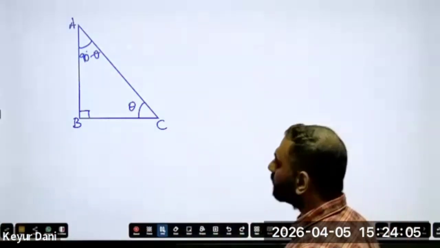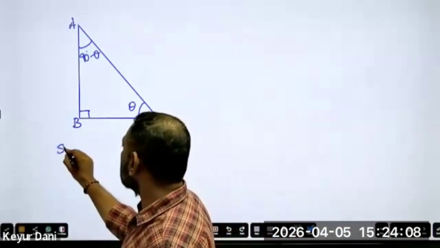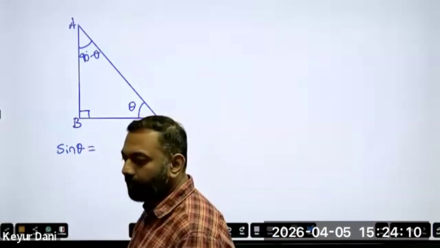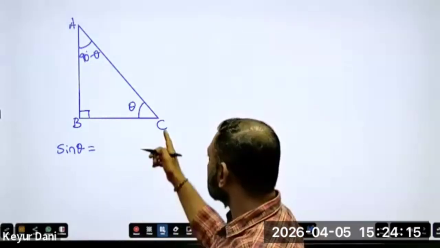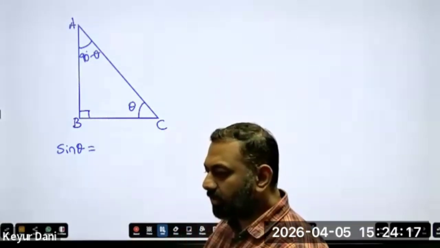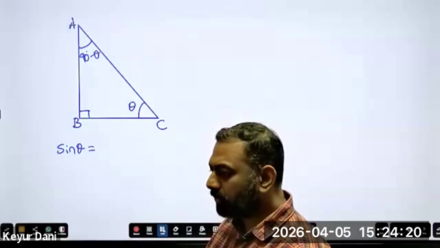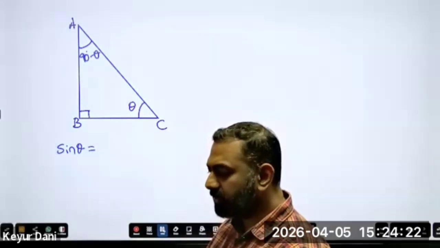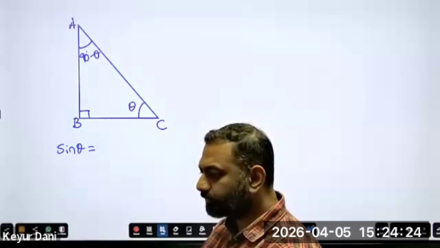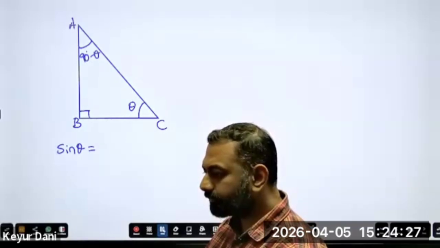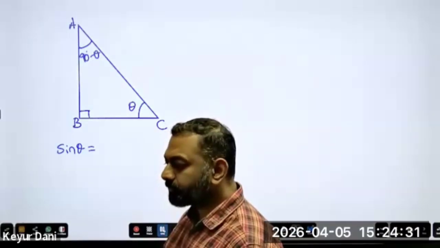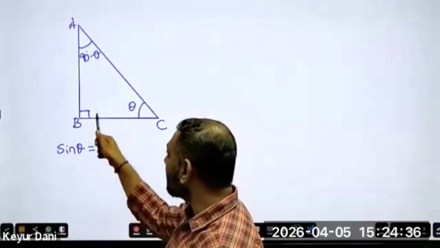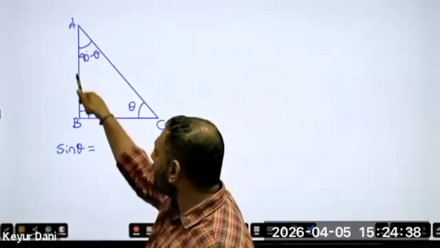Now, what we know is sine theta is opposite side upon hypotenuse. So for this theta, tell me the sides. What is the opposite side for theta in this triangle?